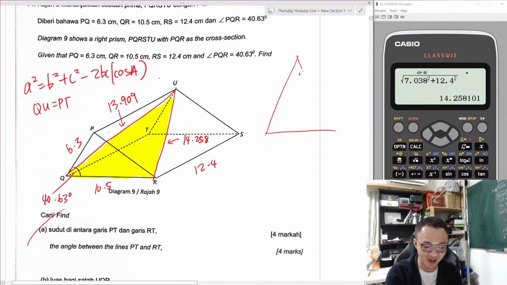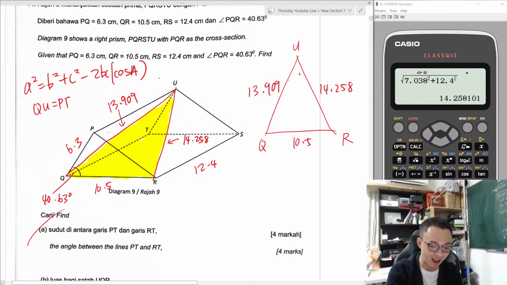I want to find this area, so I'm going to sketch it out. This is U, this is Q, this is R. This is 10.5, this is 14.258, this is 13.909. I want to find this angle.